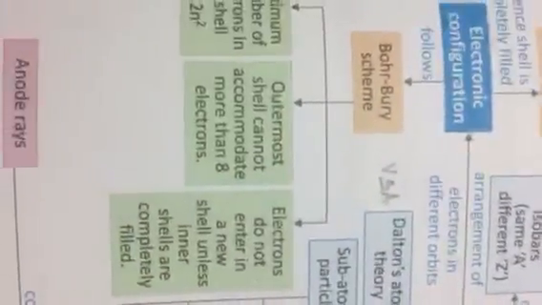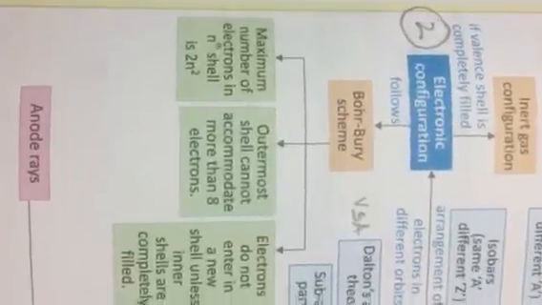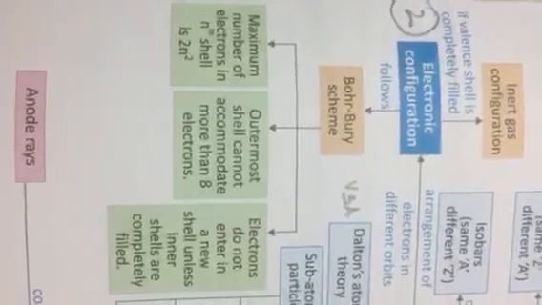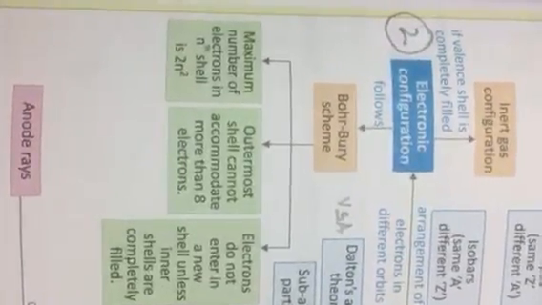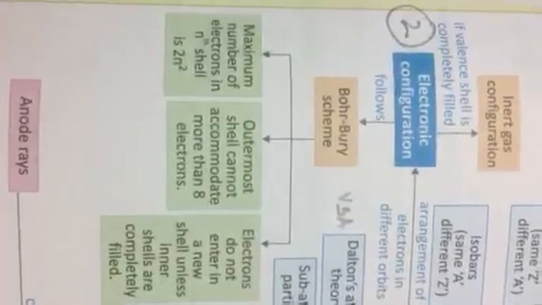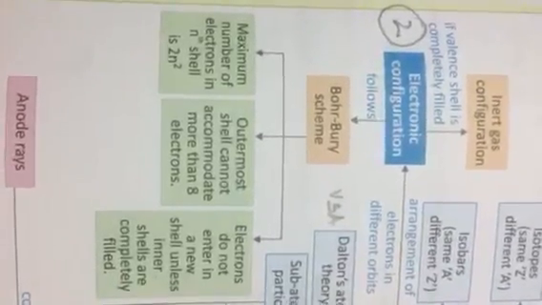Here the first question is, what is Bohr-Bury scheme? Again I will reflect the same concept map. Here 3 points are covered. So use the pause command and write down the answer for the first question, Bohr-Bury scheme. Bohr-Bury scheme, the first point is, it is represented by 2n square.